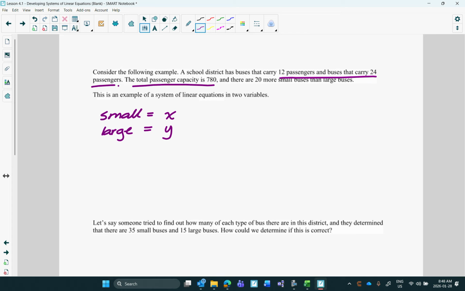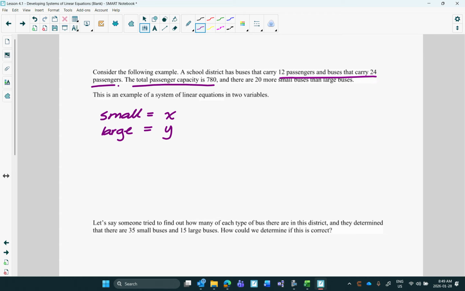If there were 5 small buses, how would you find how many passengers are on 5 buses, if each one carries 12? 12 times 5. If there were 10 small buses, how would you find how many passengers? 12 times 10.